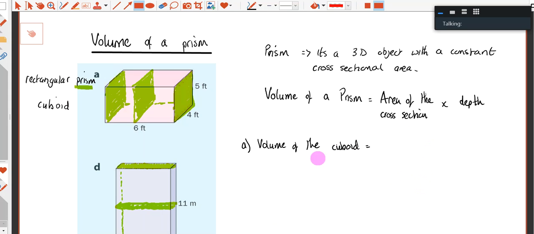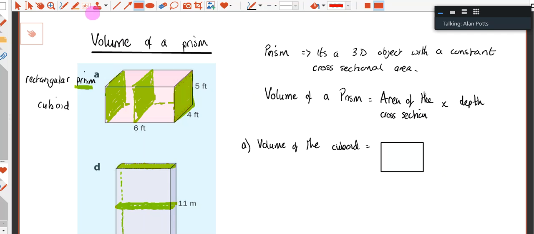For this question here, what's the shape of the cross section again? It's not square, but it is a rectangle. You've got to be careful with saying squares because it's not quite a square. It might look like it, but look at the numbers. They're all different. But we do have a rectangle.